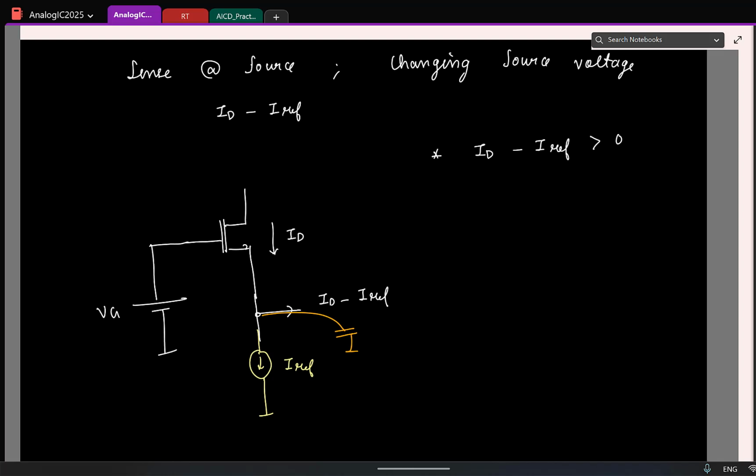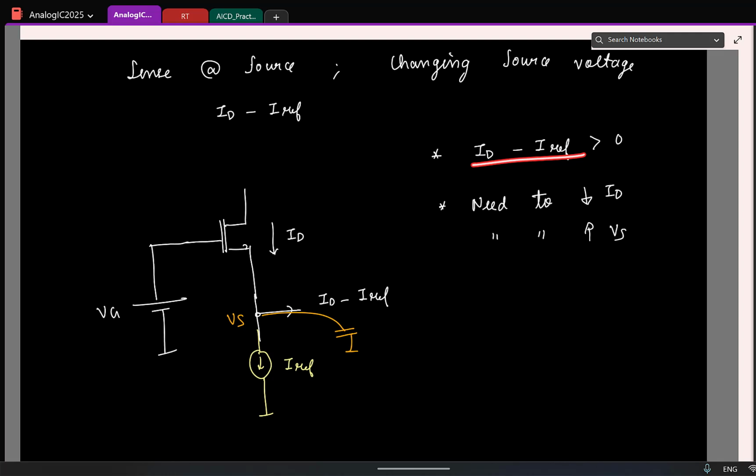If this is the case, as a corrective action, what should I do to ID? Increase it or reduce it? I have to reduce ID. If I have to reduce ID, should I be increasing the source voltage or reducing the source voltage? Increase the source voltage. Fine. So now again we can look at this, right? So look at this node.